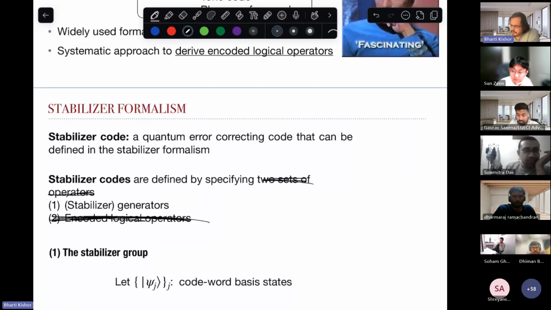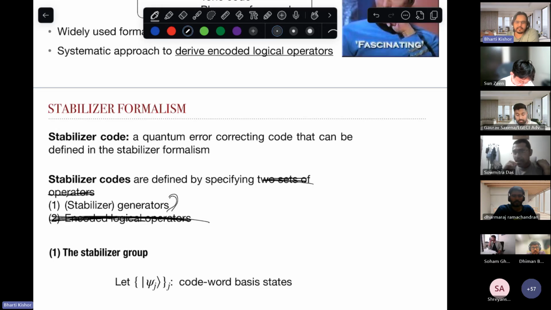By stabilizer generators, you can define a group called a stabilizer group, and it helps you define a subspace which remains stable under the action of the elements of that group, and that helps us define the code space.